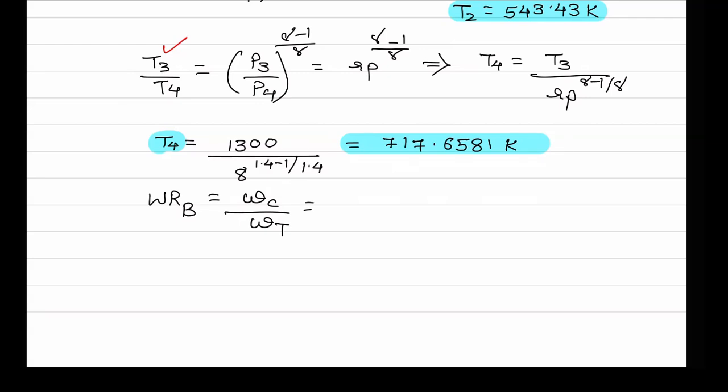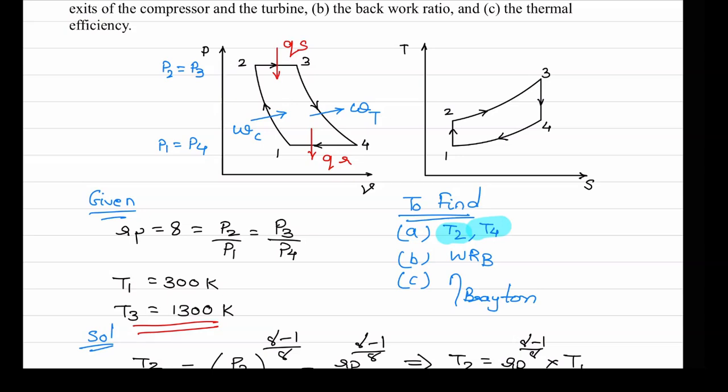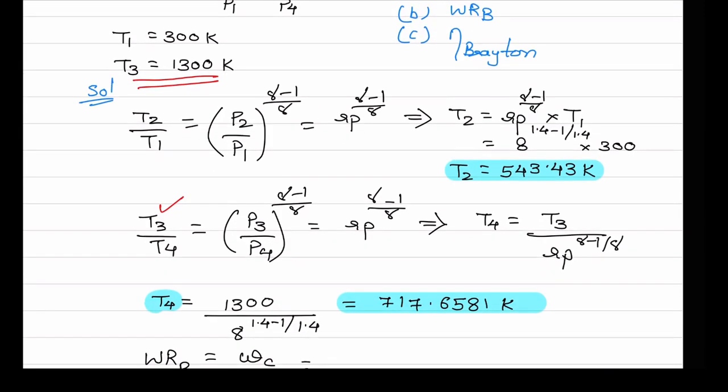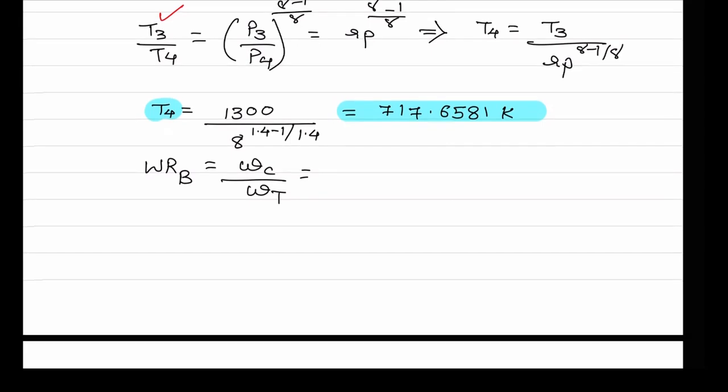And if you see the compression, this is the compressor work, it is isentropic. Okay. So this equation comes out to be Cp delta T. You can refer to the first module 1 formula list. So it will be Cp and delta T for compression. What is delta T for compression?